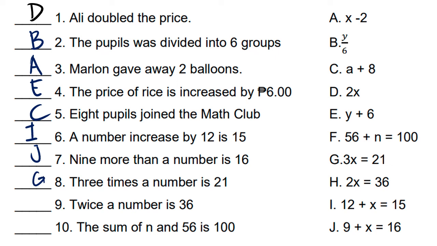Last two. Twice a number is 36. Asan ba si 2x equals 36? Ayun, letter H. Then, the sum of n and 56 is 100. Sum of n and 56 is 100. Ito, letter F. That's it.